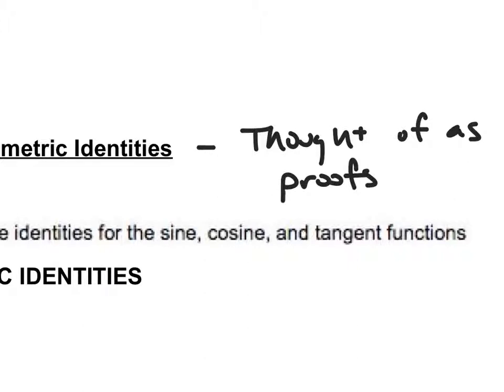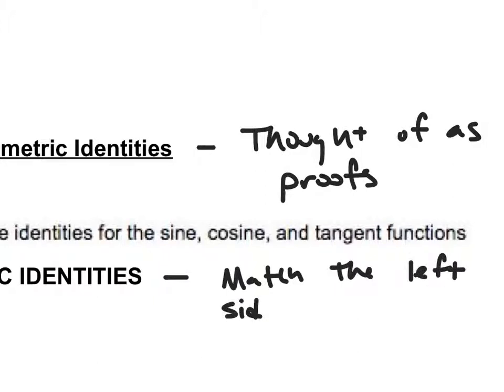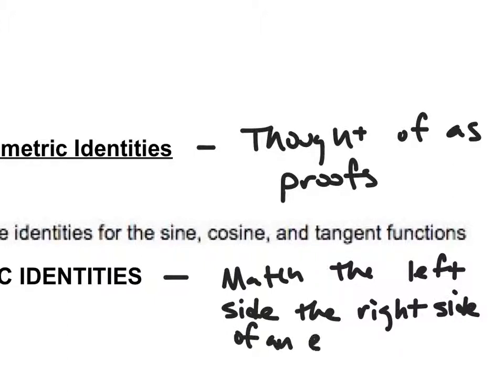So they're thought of as proofs, and what we want to do is we're given these problems and we want to match the left side of the equation to the right side. Match the left side to the right side of an equation.